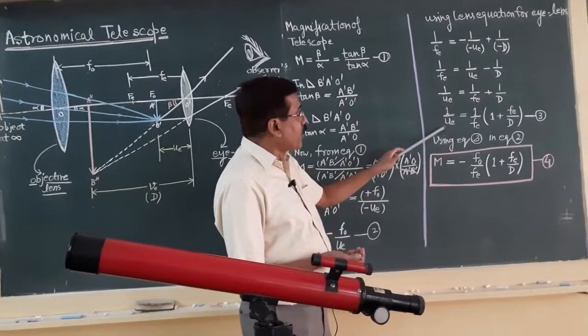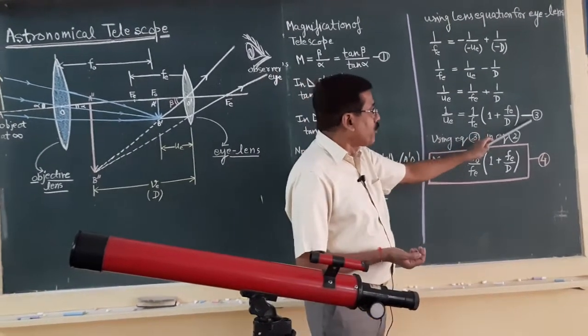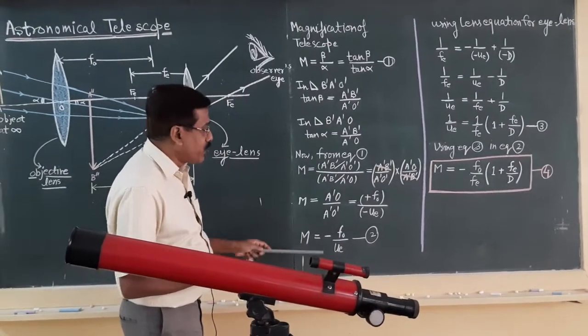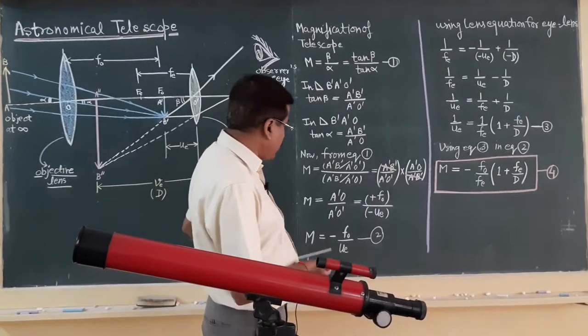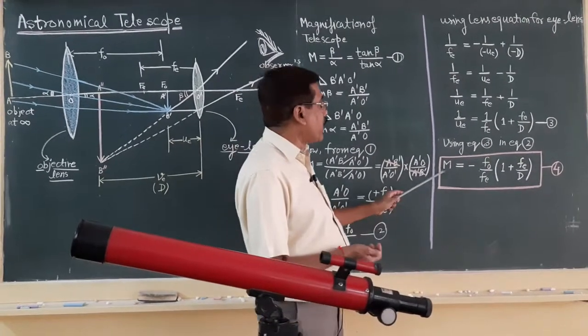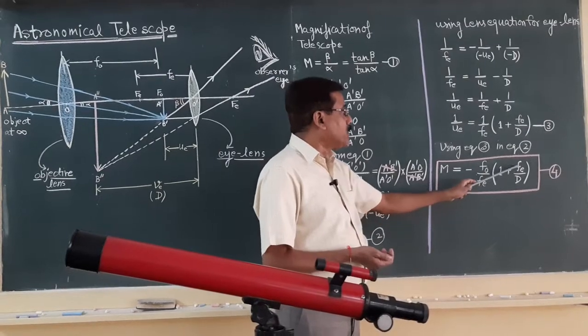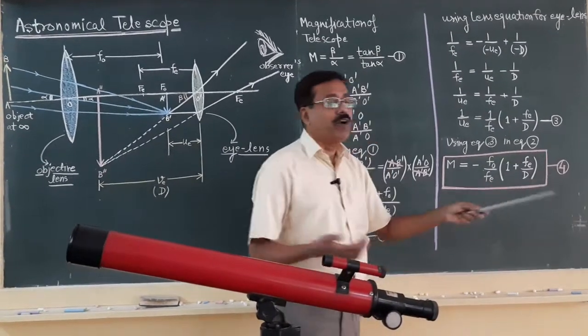So the value of 1 by ue from equation 3 we will put in equation number 2. We have m equal to minus fo by fe into 1 plus fe by D. This is equation number 4.